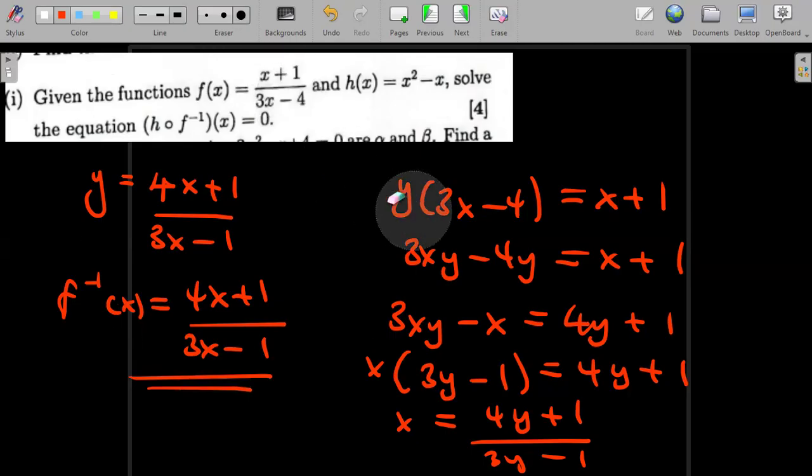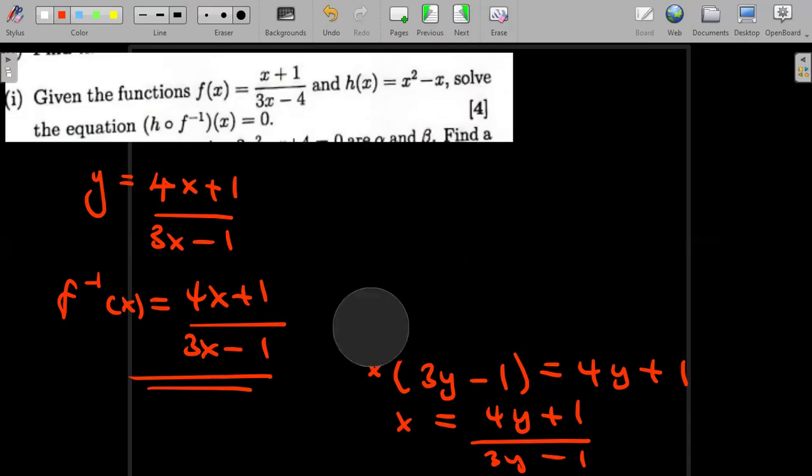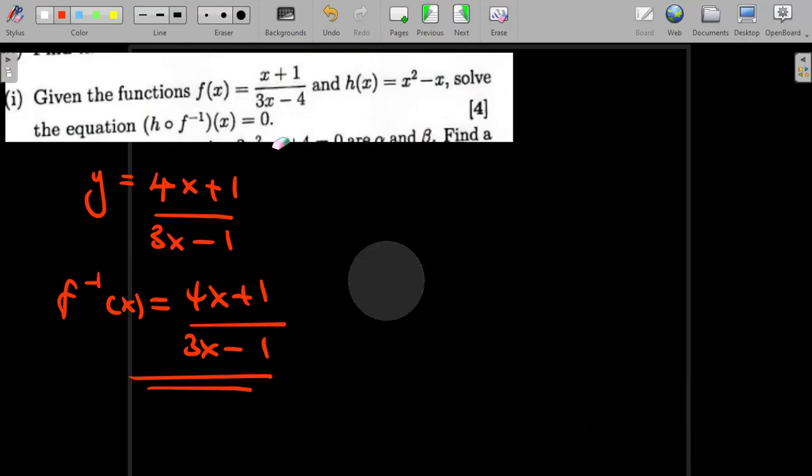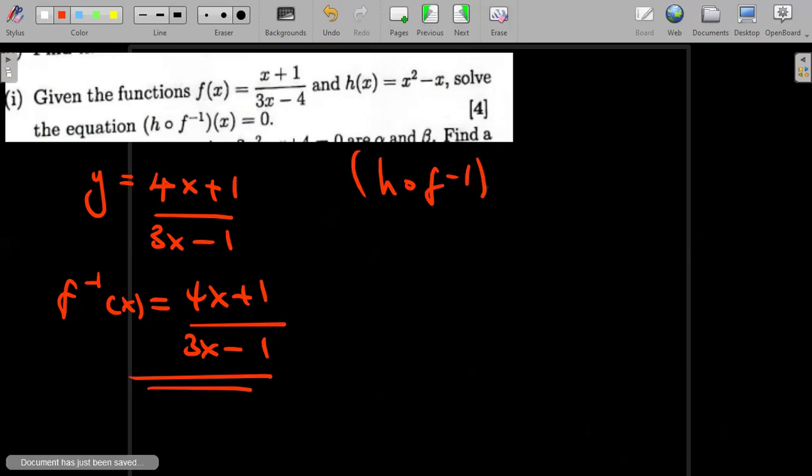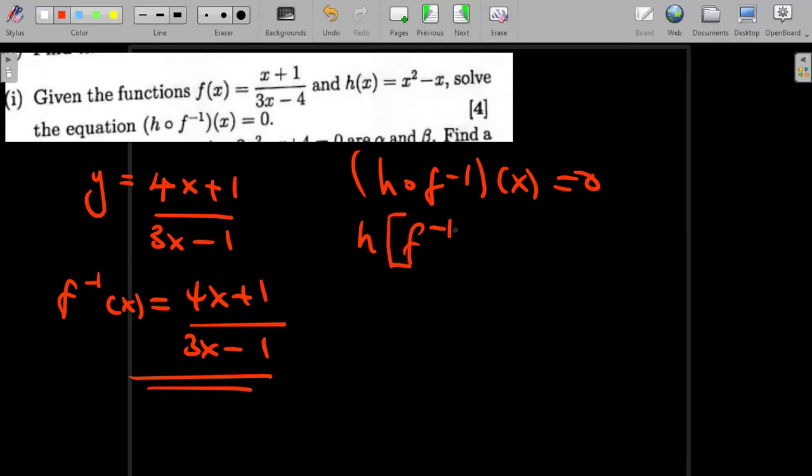From here, I must continue to solve the equation, which is h of f inverse of x equal to 0. How do I continue from there? This is the same as saying h of f inverse of x equal to 0.